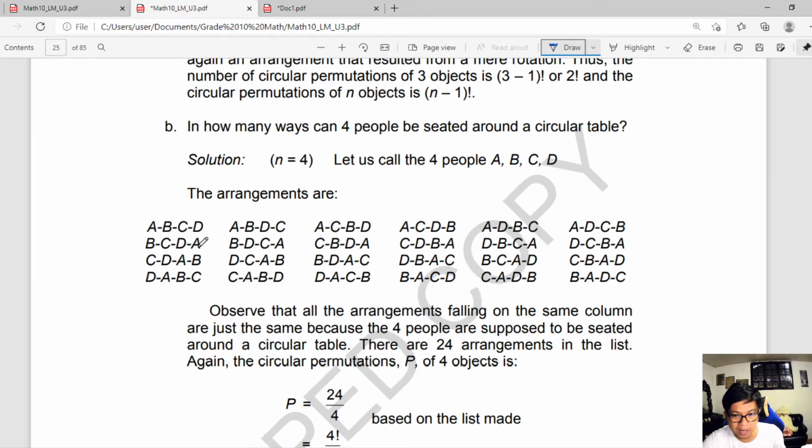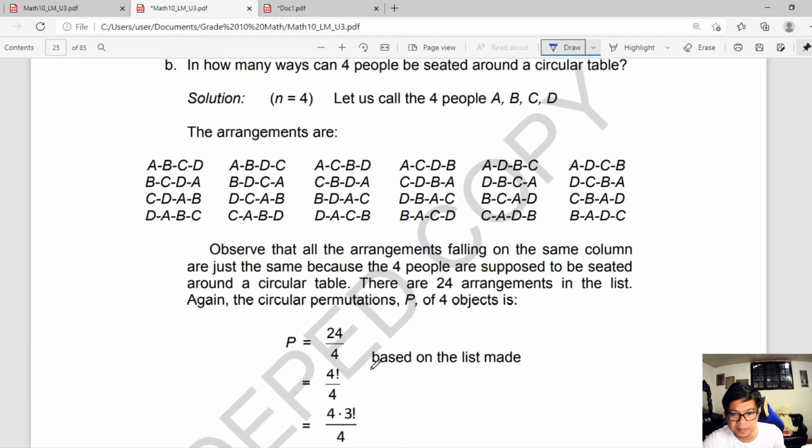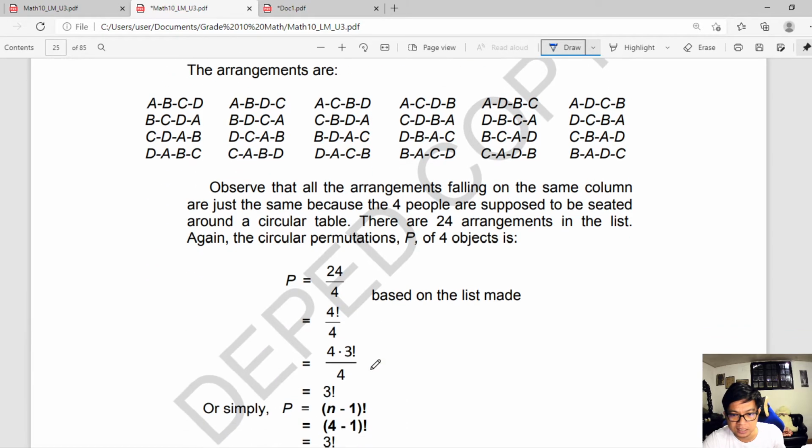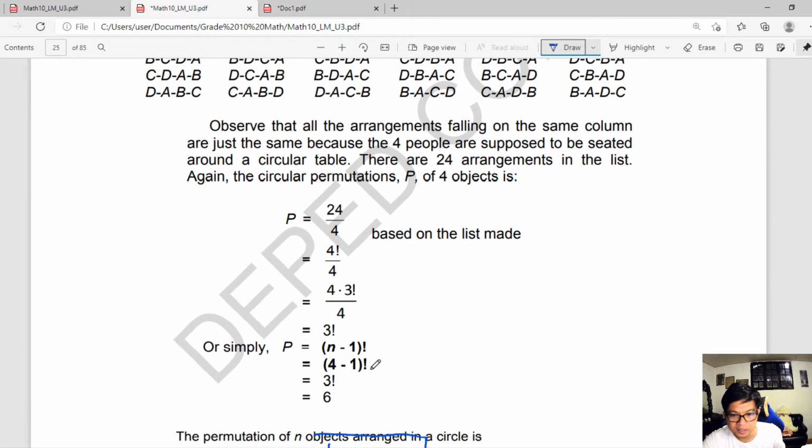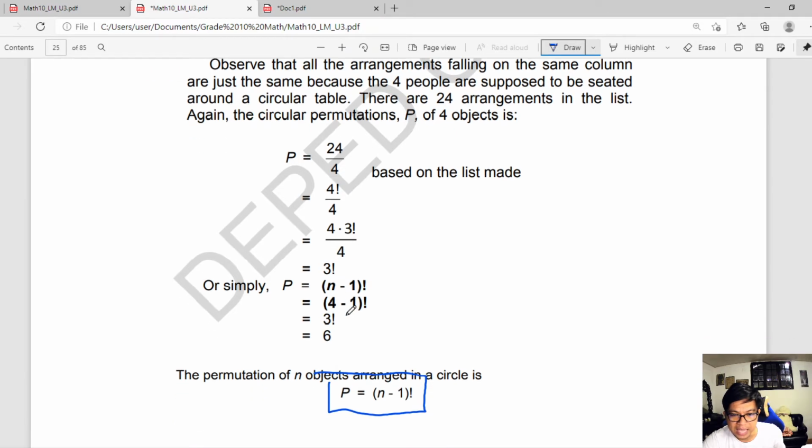Ito, pare-pareho lang yan sila. Ito, the same lang din. There are 24 arrangements in the list. Again, the circular permutation of objects is 24 over 4, which is 4 factorial over 4, or 4 times 3 factorial over 4. So we have n minus 1 factorial.